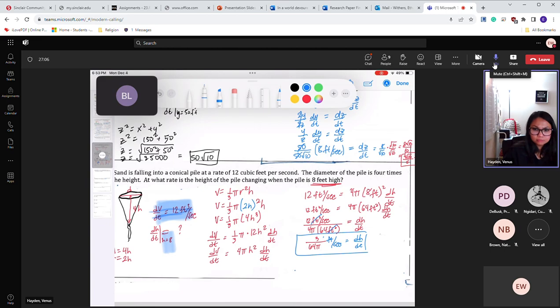Let me double check. I'm pretty sure, I printed it out today, I saw that it's there. Let me just see. This is not the same as the test that I gave last year.